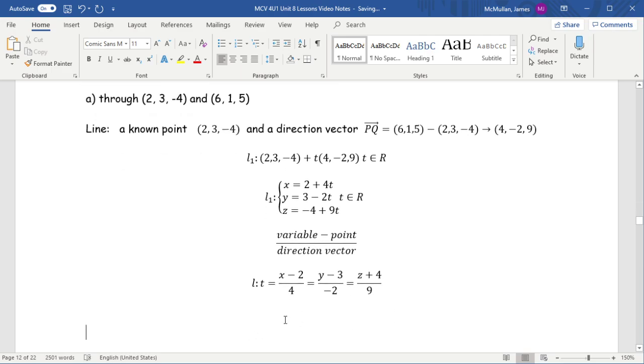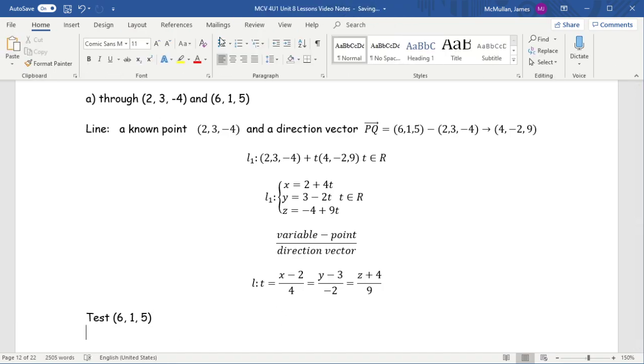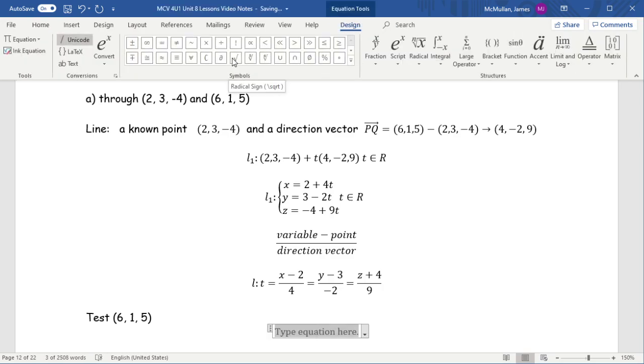So again, an easy test for this would be to test (6, 1, 5). Okay, so let's test (6, 1, 5). So let's test. T equals (6 minus 2) over 4, which is equal to (1 minus 3) over negative 2, which is equal to (5 plus 4) over 9.